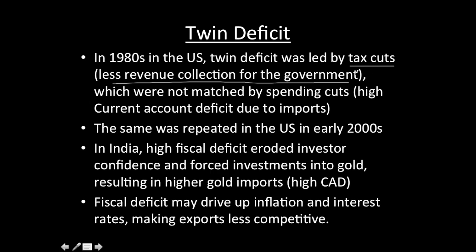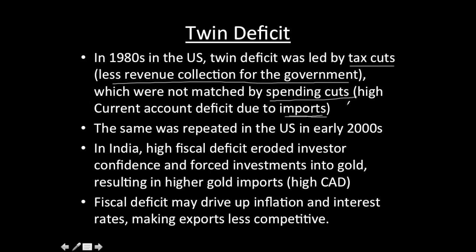When it collects less revenue, then the fiscal deficit is bound to increase, which was not matched by spending cuts. So tax cuts did not result in spending cuts by the people. When people are not cutting their expenditure, then the amount of consumption imports or capital imports that the country has will not go down.